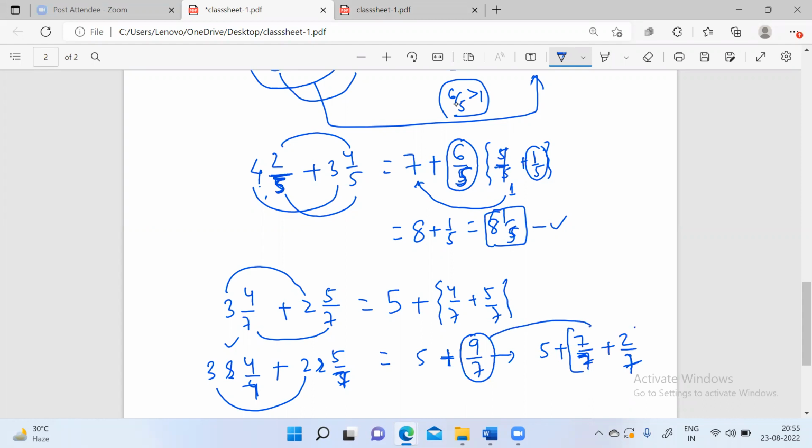Yes, sir. And this 7/7 will be 1. So I'll add this 1 to this 5, because 5 was the integer part, and we are left with 2/7 again. So 6 2/7 will be the answer. Now it is clear? Yes, sir. Okay.